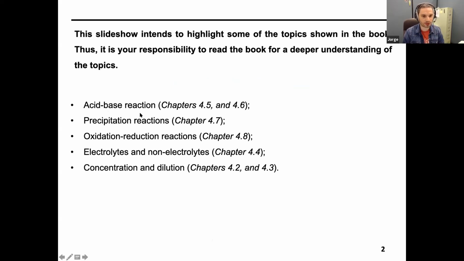We will move on to precipitation reactions, then oxidation reduction reactions, and I will finish the chapter talking about electrolytes and non-electrolytes, and then the last part will involve determination of concentration of different solutions and also dilution.